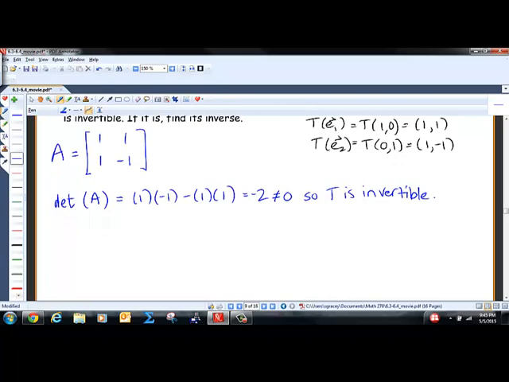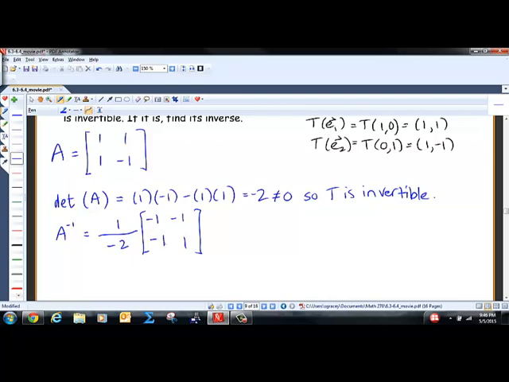So do you remember that A inverse, if you have a 2 by 2, is equivalent to 1 over the determinant, which we found to be negative 2, and then times, you flip the diagonals, so A11 and A22, and then you put the opposite sign in front of the other two.